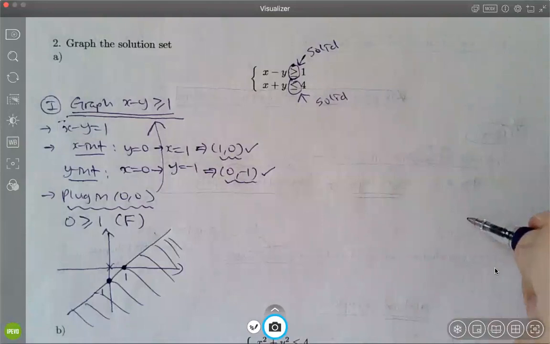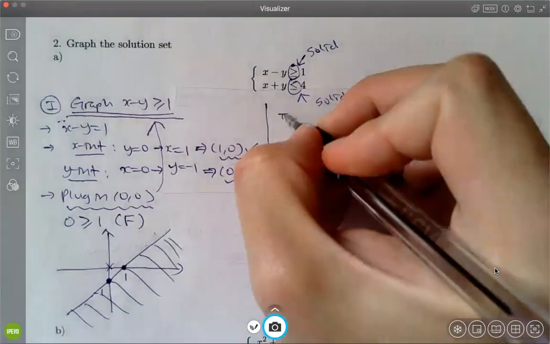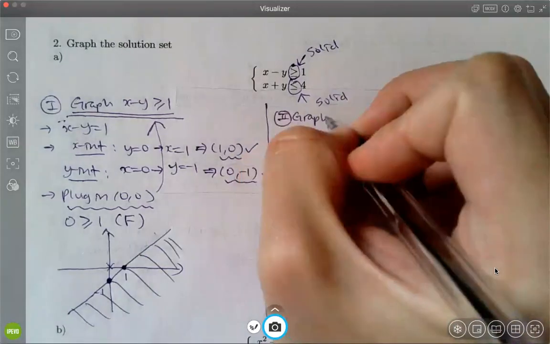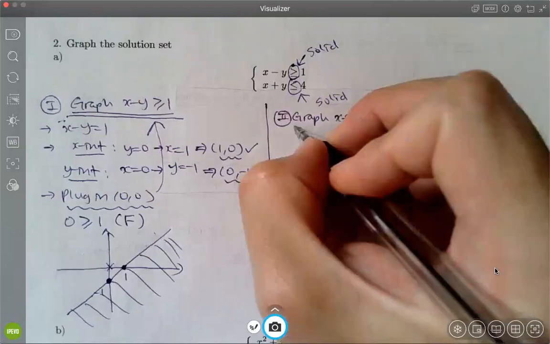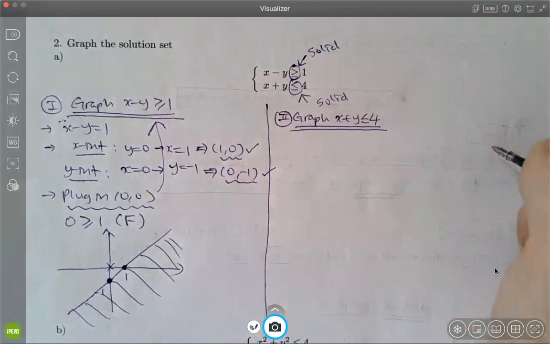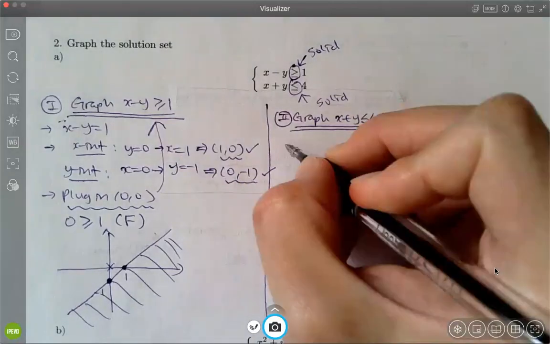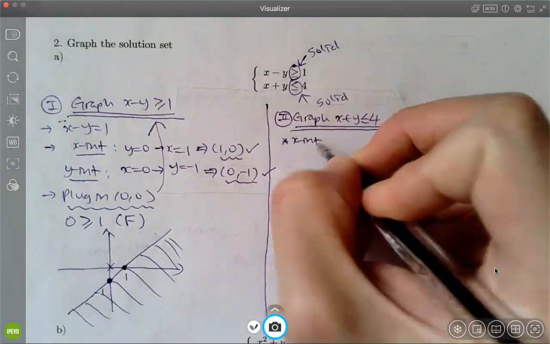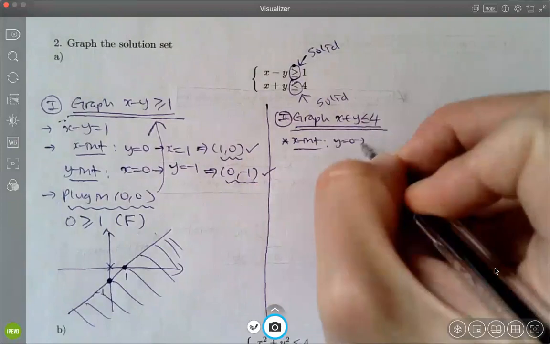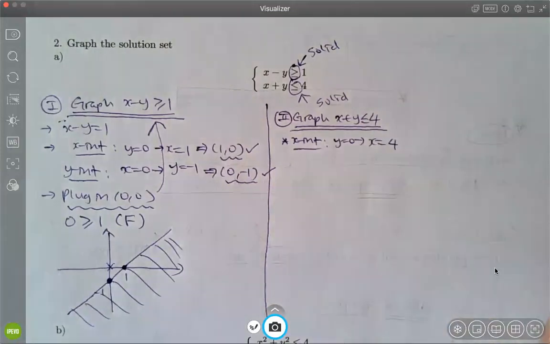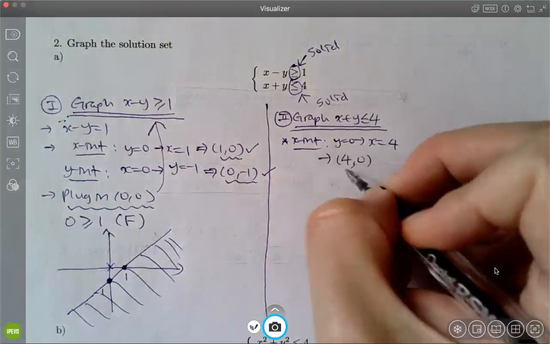Okay, and now do the same thing for the second inequality. x plus y is less than or equal to 4. First we pretend that we had an equal sign. For the x-intercept, we set y equal to 0, and that means x is equal to 4. So the x-intercept is at 4, 0, which is a good point.